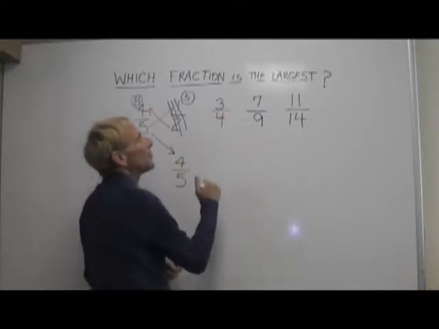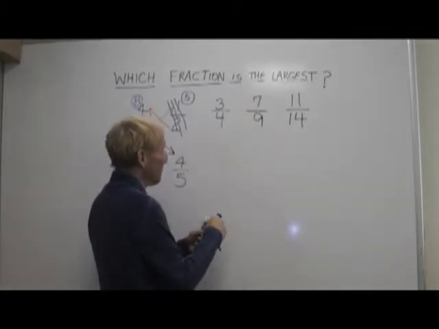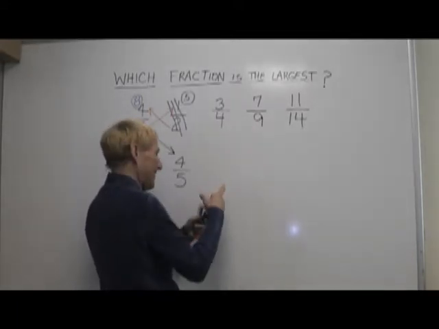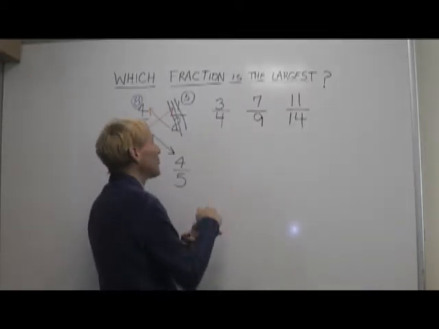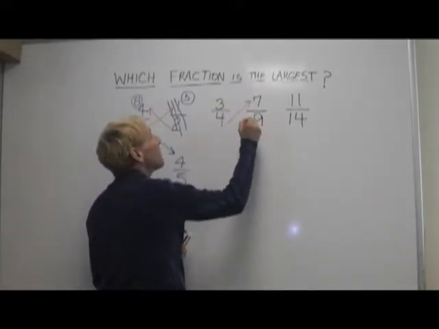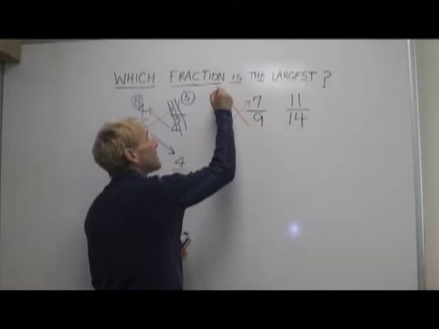Let me compare these two guys, the 4 and 7 and the 9 and 3. I have 3/4 and 7/9. Which is larger? I'm going to make my cross again. And I have 9 times 3 is 27.